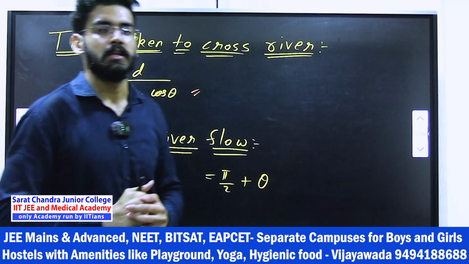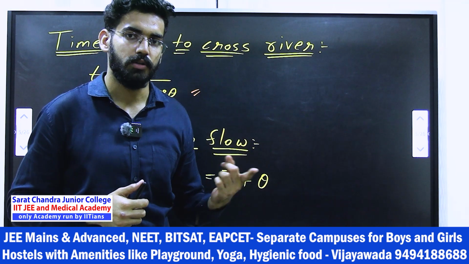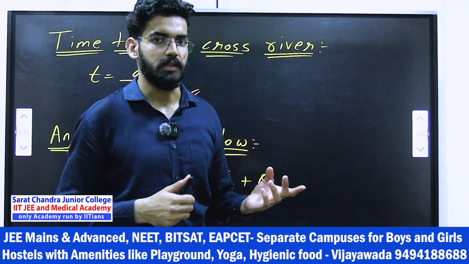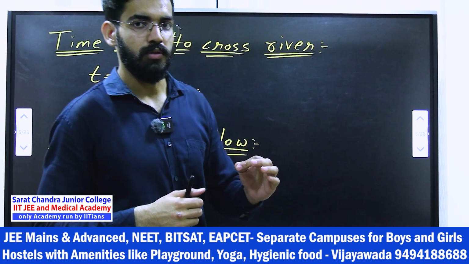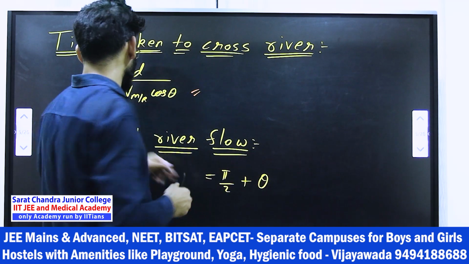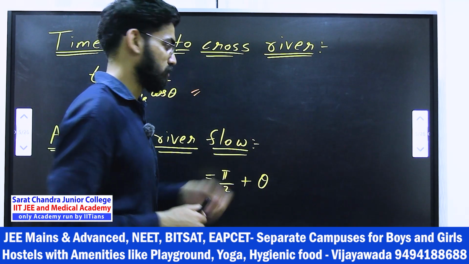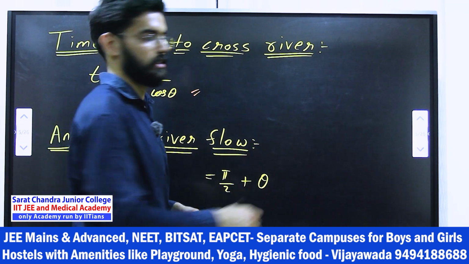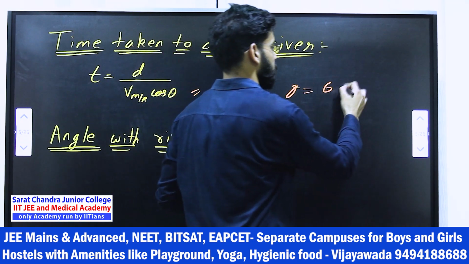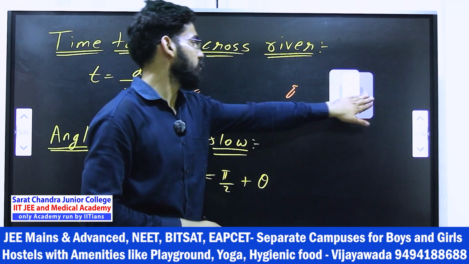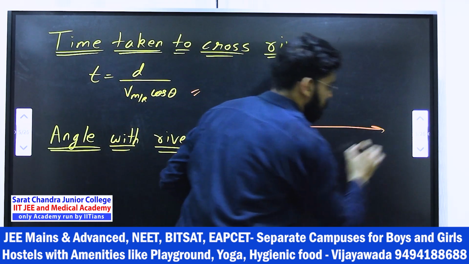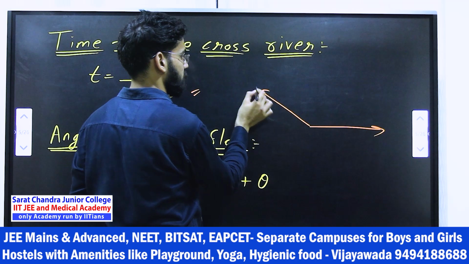This one thing you have to remember: the angle with the river flow. Generally in the module or in an exam question, he will ask what is the angle with the river flow that I have to go with so that I can get the 0 drift condition. There, don't answer directly theta. Theta calculated, say 60 degree came, and you take 60 degree as the answer, and it is wrong. Why? Because the river is flowing in this direction, and you gave velocity in this direction.